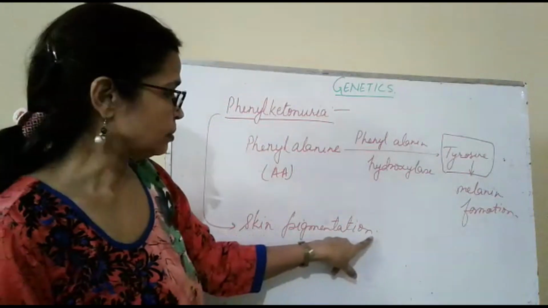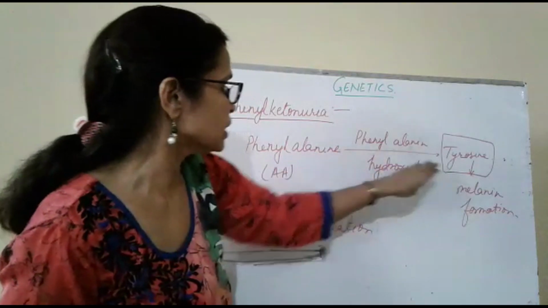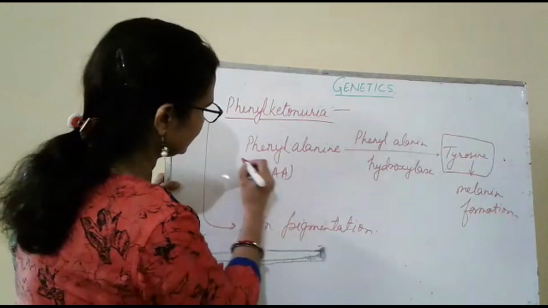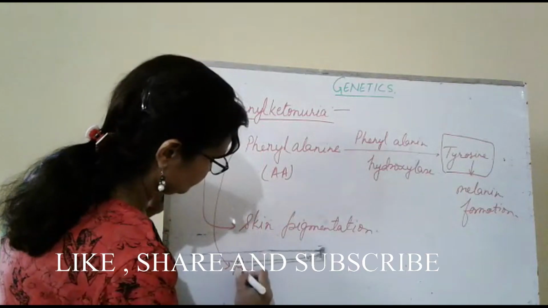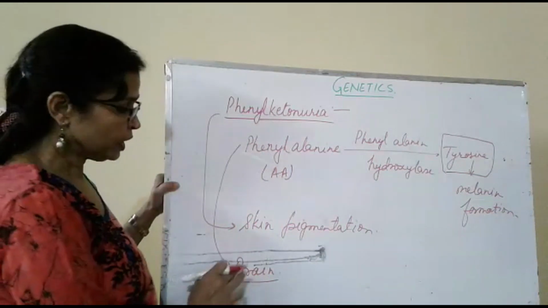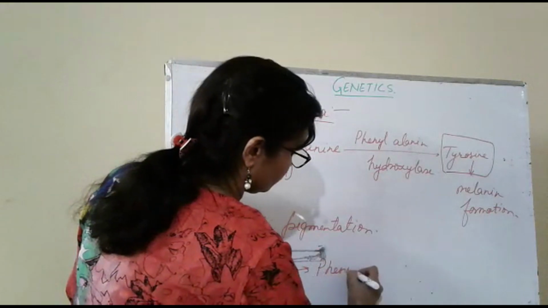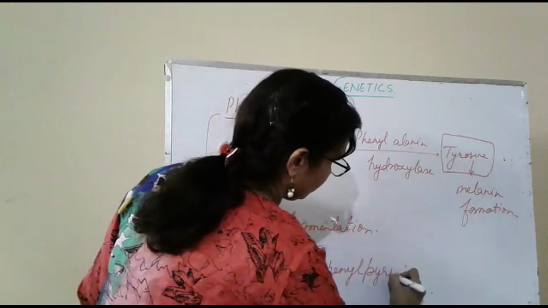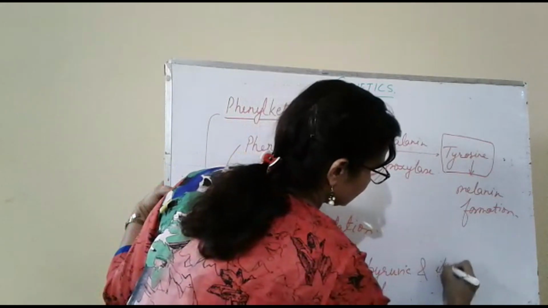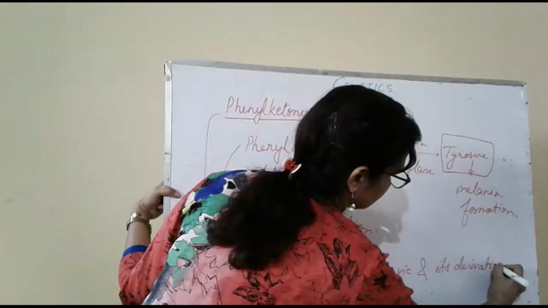When phenylalanine is not converted into tyrosine, it is accumulated in the CNS, in the brain, where it is converted into phenylpyruvic acid and its derivatives.